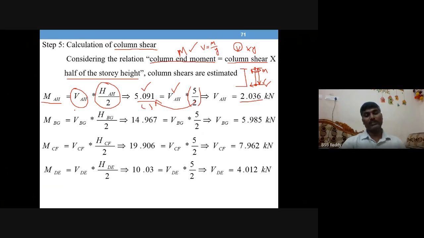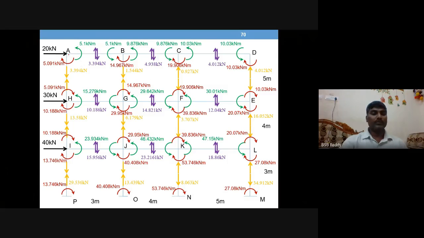Likewise, you have to calculate all the columns. If you name the columns AH, BG, CF, DE, all these are the upper story columns.